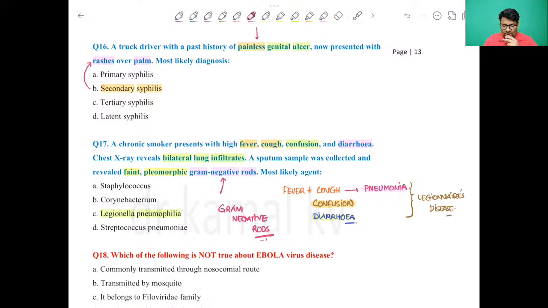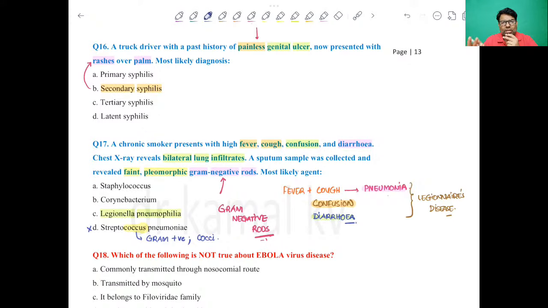Now this goes more in favor of Legionella pneumophila. Okay. Now here, why will the answer not be Streptococcus pneumoniae? Because this is gram positive, number one. Then secondly, it is cocci, right? So we can see here Streptococcus. Clear? So this is not the answer here, and please make sure that you get this point.